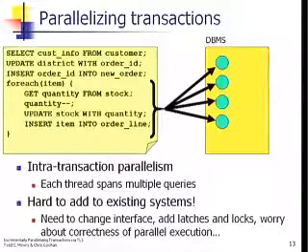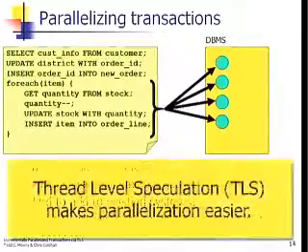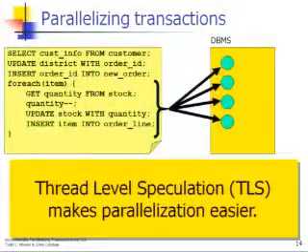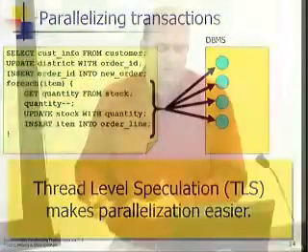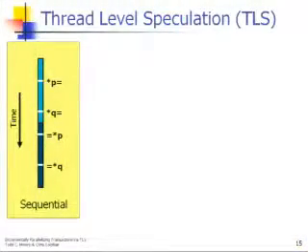None of the internal structures like locks and latches are set up to work this way. But as you'll see in this talk, the safety net of thread level speculation makes it much easier to fix this problem. So let me talk just briefly about thread level speculation and how that works.